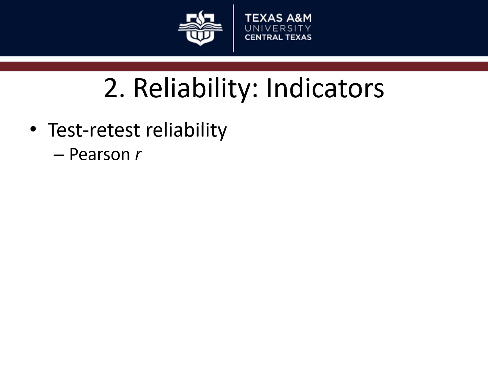Because again, if this thing is measuring reliably, then your score now should be similar to your score later. And again, it probably won't be exactly the same, because there's some error in there. If there's no error, then your score will be exactly the same, and we'll have 100% reliability or a reliability coefficient of 1.0. The more different time 1 and time 2 are, the lower that coefficient is going to be.